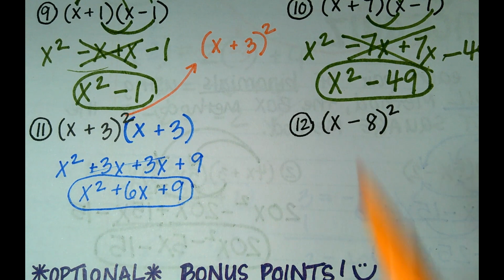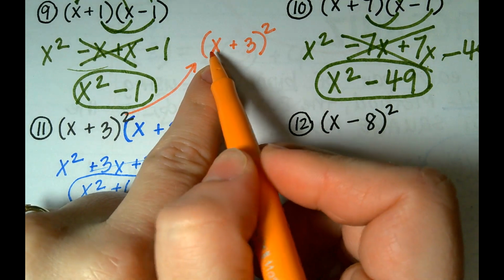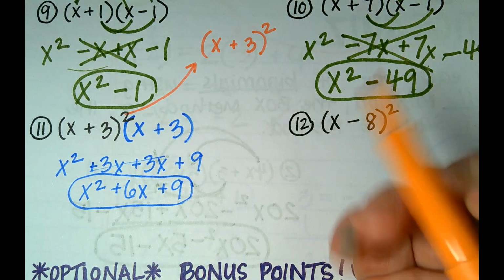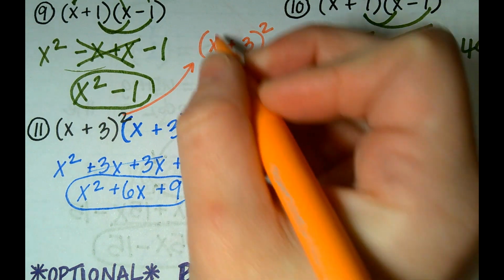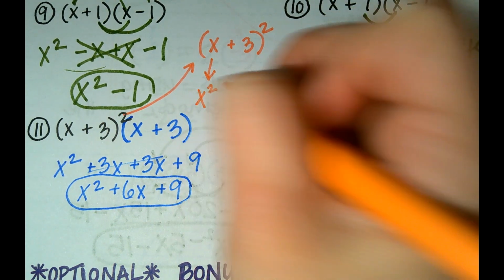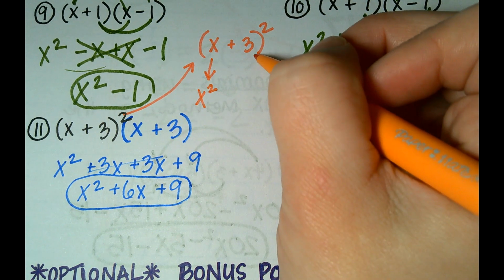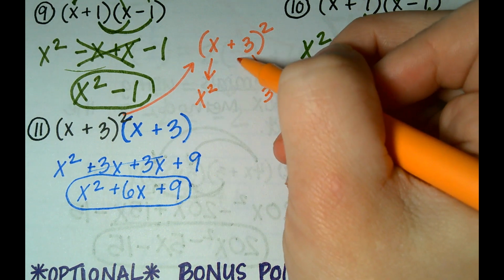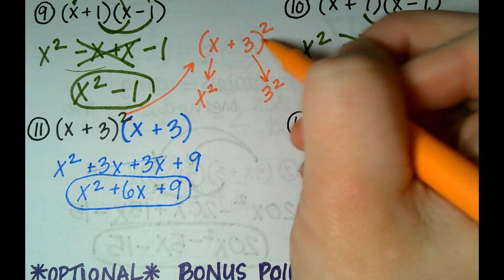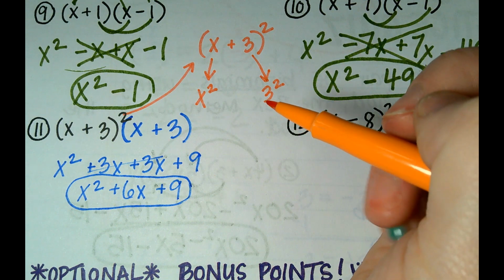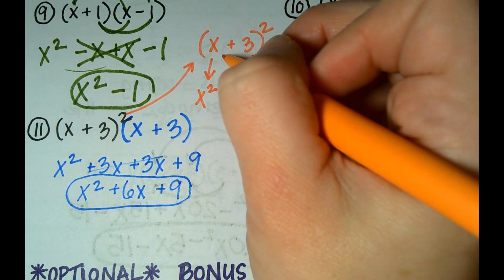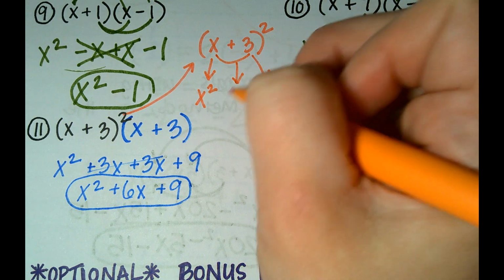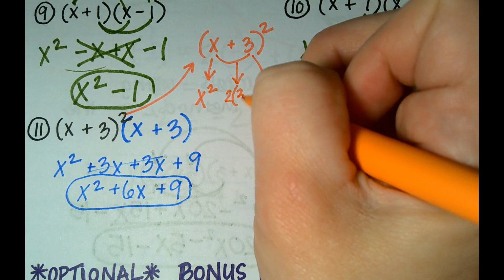What we would do is square the first term, x squared, square the last term, 3 squared, and then put these together, 3 and x times 2. So 2 times 3x.